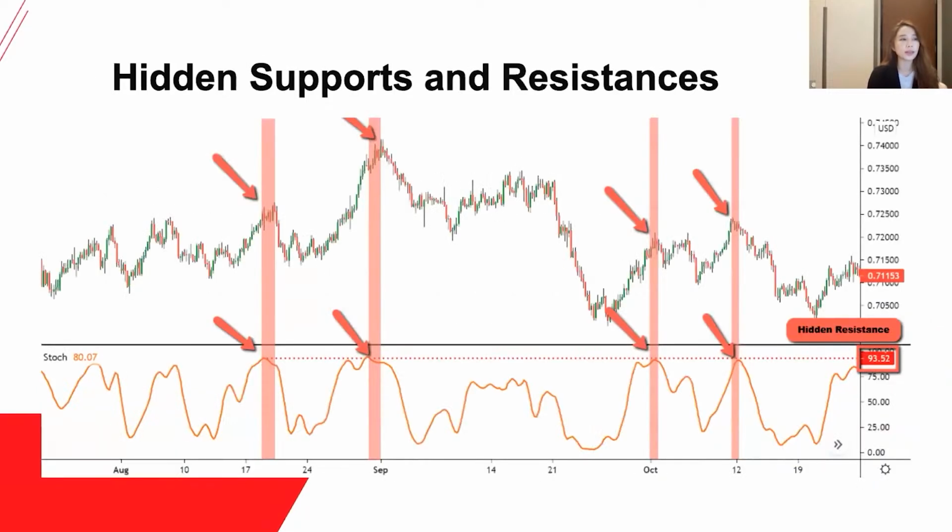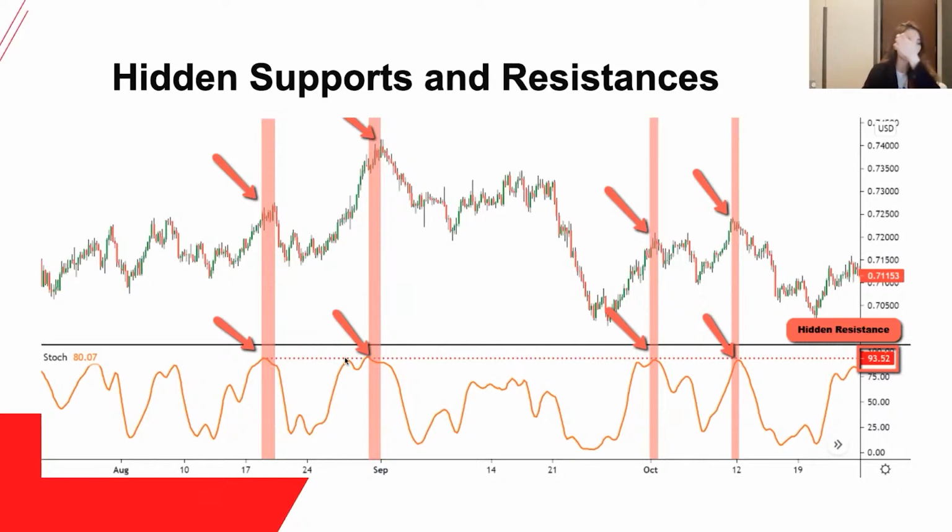However, if you look at how the price reacts and the momentum it carries in the stochastic indicator, you can see on these four red highlighted areas, the peaks of the reaction, that at the peak we are seeing 93.52, way above our normal range of 80.